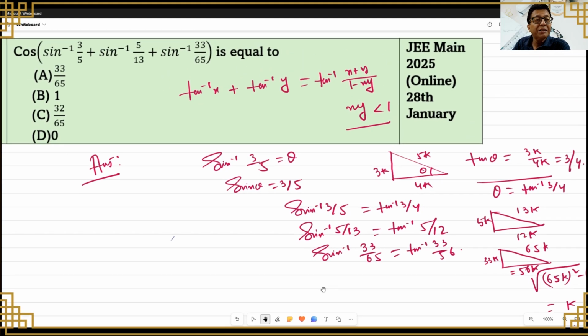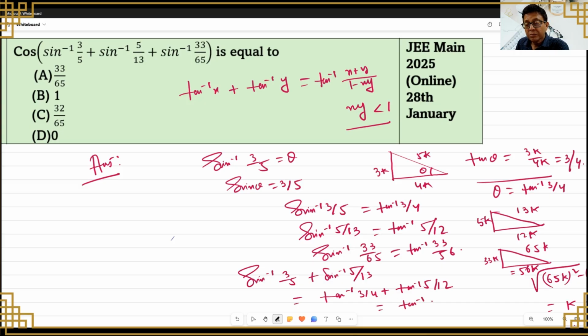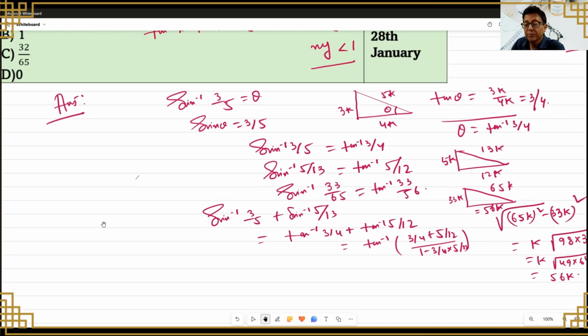Now, if we add these two, sine inverse 3 by 5, I am taking the first two terms, tan inverse 3 by 4 plus tan inverse 5 by 12. This is tan inverse 5 by 12 by 1 minus 3 by 4, 5 by 12.